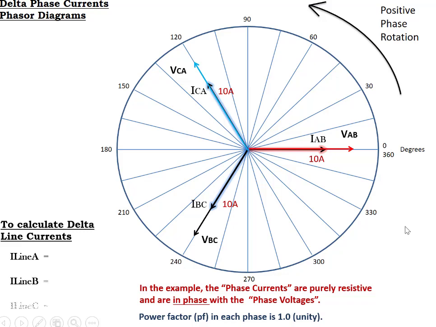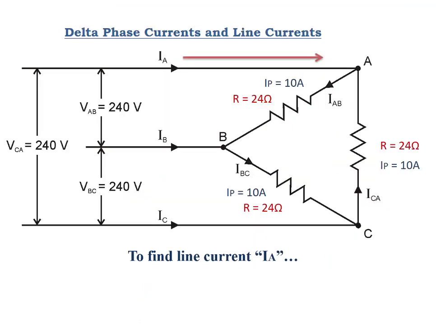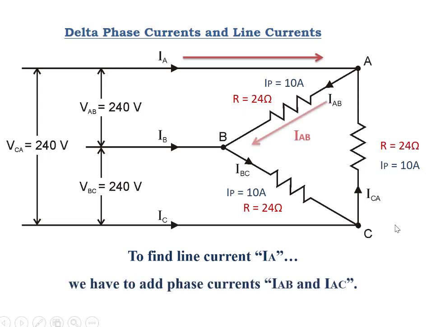To calculate line currents, we'll start with line current A. We know that line current A is split up between phase A to B and phase A to C. So we have to add those two phase currents on our phasor diagram to find what the line current is drawn by those two phases.